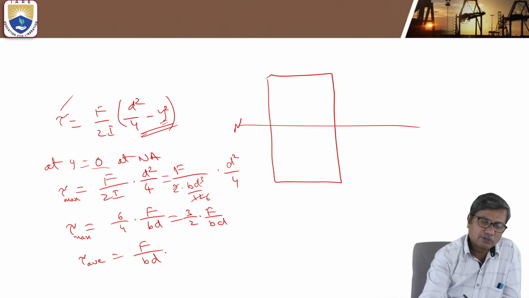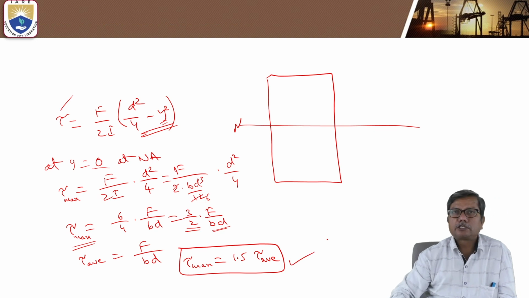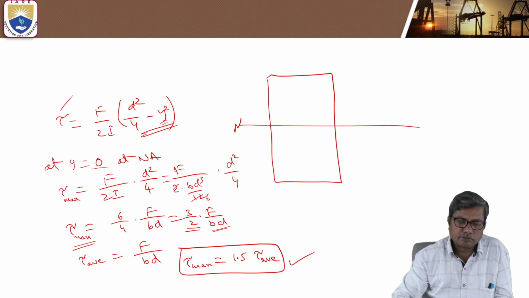So now the maximum shear stress in case of a rectangular section is 3 by 2 times the average shear stress. F by BD is nothing but average shear stress. So tau maximum is equal to 1.5 times average shear stress, tau average. This is the relation between average and maximum shear stresses in a rectangular section.